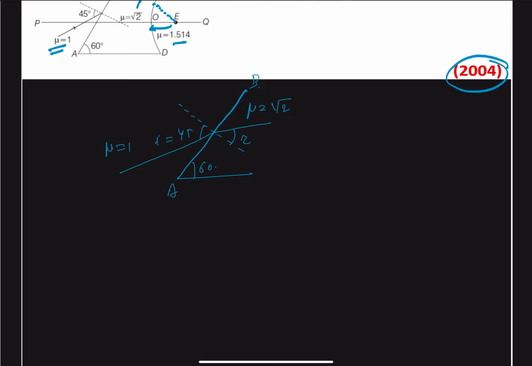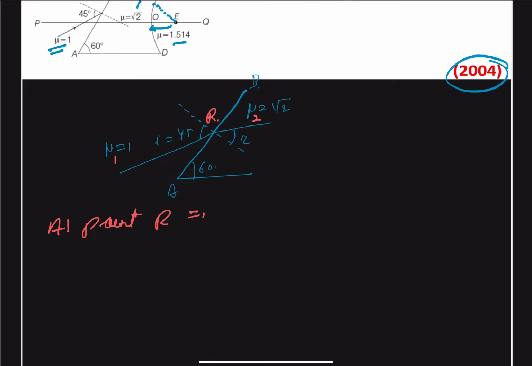Let us call this as point P, and this as point R. So we can say at point R, we call this as mu2 and this as mu1.